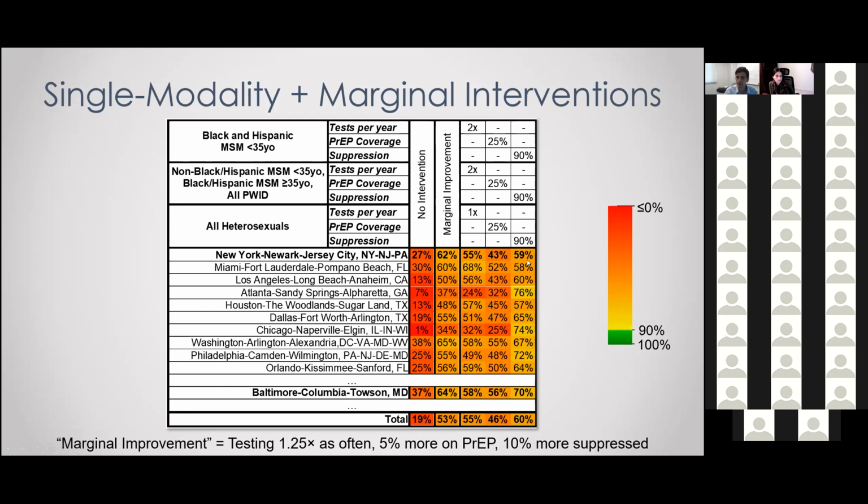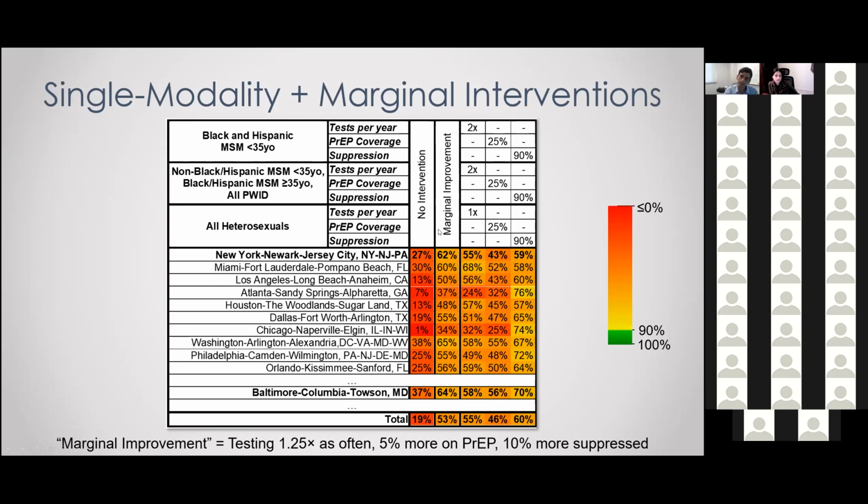If you get 90% in this intervention of everybody suppressed, that gets you a 70% reduction by 2030. And so these are obviously pretty aggressive, heroic, you might even say, levels of intervention for testing, suppression, and PrEP, right? But the point is that even at these high levels, doing just one of these things is not going to get you near 90%.